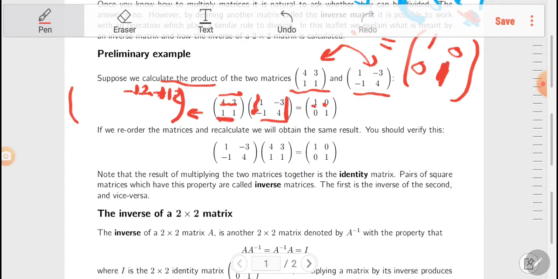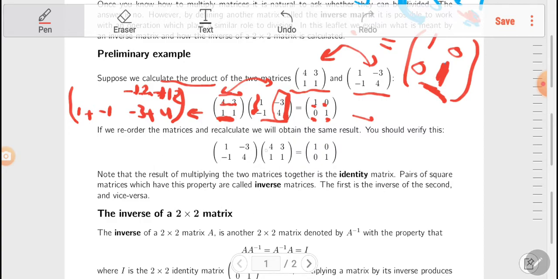Second row, first column: 1 by 1 plus 1 by negative 1, which is 0. Second row, second column: 1 by negative 3 plus 1 by 4, which is 1. So the product of these two matrices is the multiplicative identity, so we call these two matrices inverse to each other.